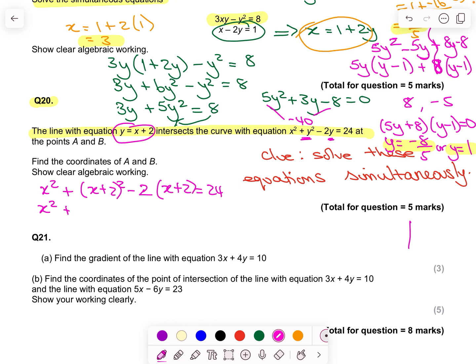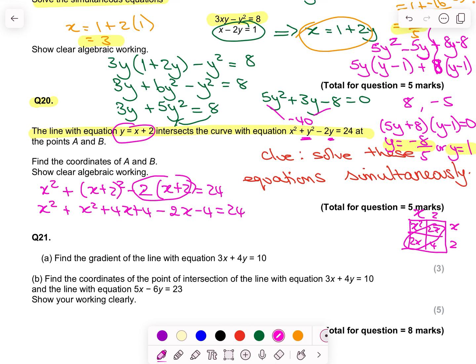Don't forget, draw out your grid just in case you end up missing out any terms. So you get x squared, 2x here, 4, gather like terms. So what you've actually got is x squared plus 4x plus 4 minus, now I expand this bracket, minus 2x minus 4 equals 24.